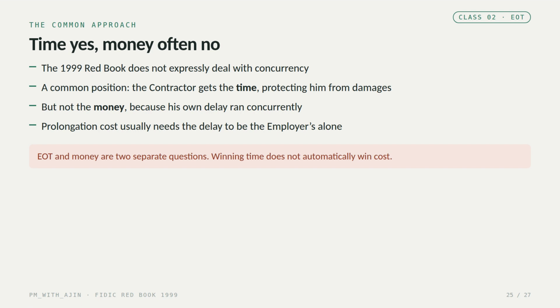A widely accepted position is this: the contractor gets the time, which protects him from delay damages, but he does not automatically get the money because his own delay was running concurrently. Prolongation cost usually requires the delay to be the employer's alone. So remember this: time and money are two separate questions. Winning the extension does not automatically win you the cost.